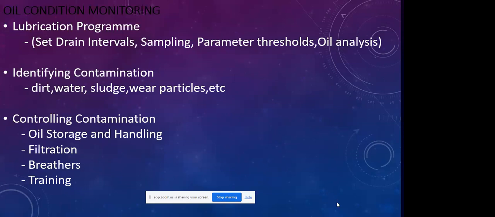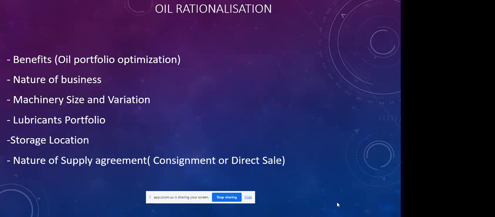You need good breathers, desiccant breathers, modern breathers with valves that can easily exit some of these wet fluids, and also control the entry of dust into our oil reservoirs. I've touched on training, so I won't say much on training.